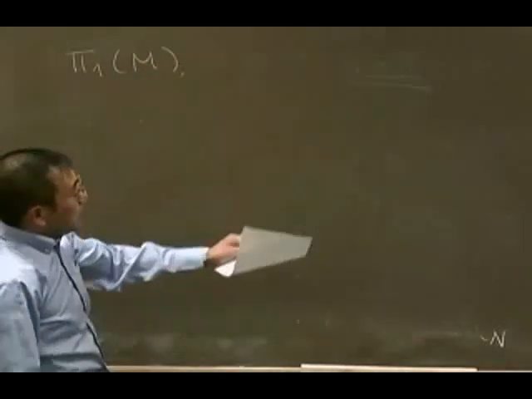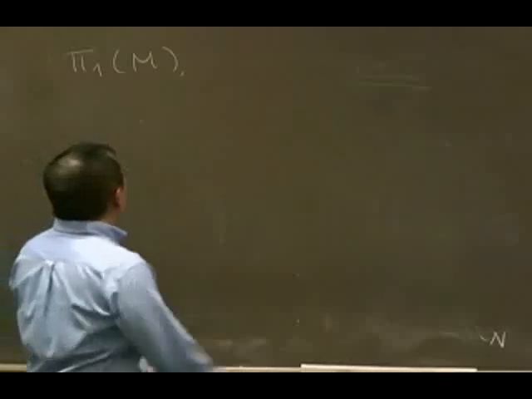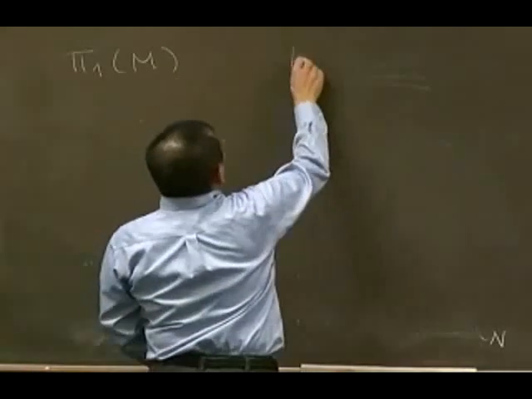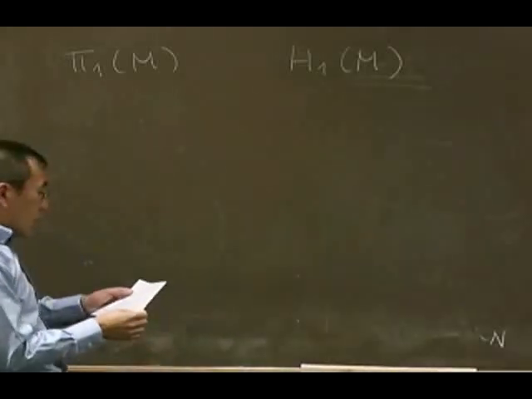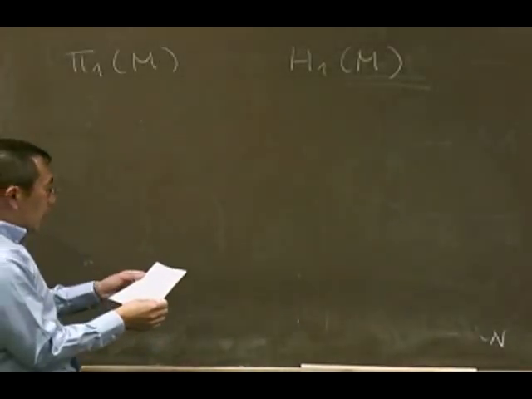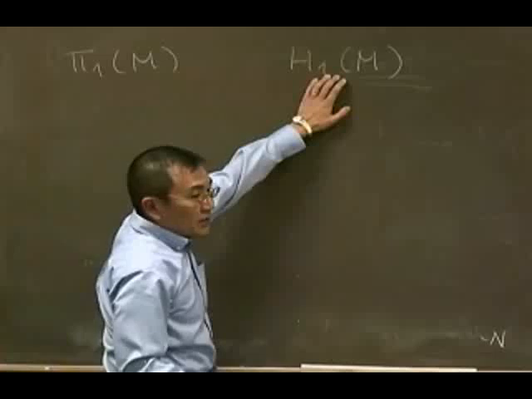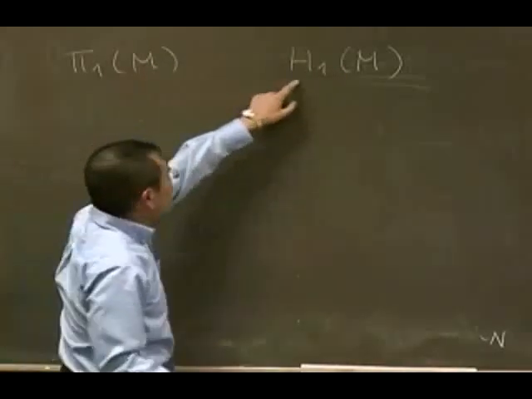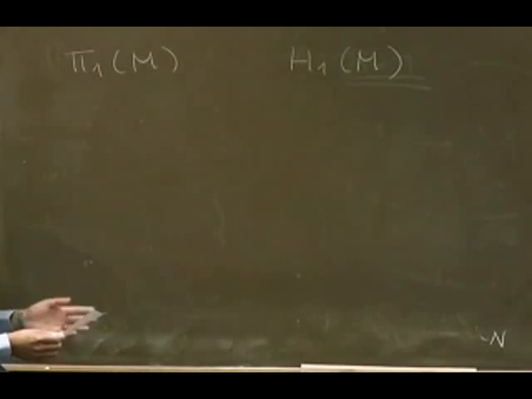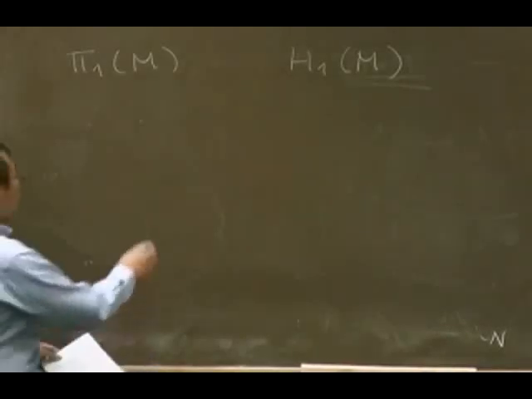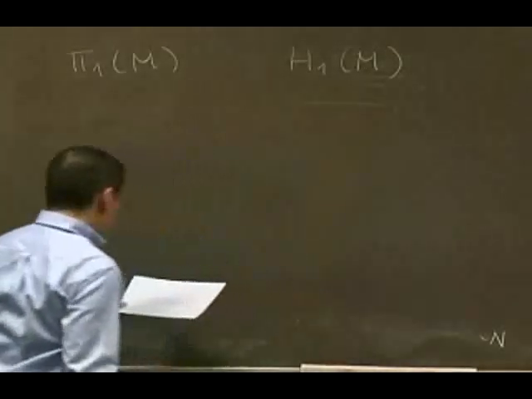This kind of description also helps you to understand the relation between pi 1 and H1, which is a homology group. In some sense, it is a sort of abelianization. H1 is an abelianization of pi 1. I would like to explain that in a sort of precise manner.